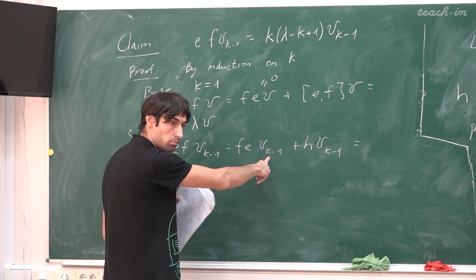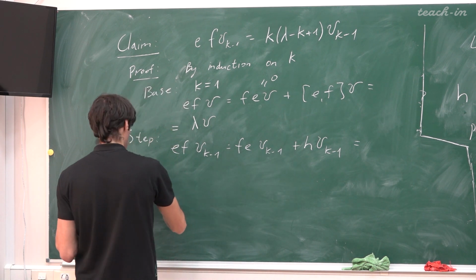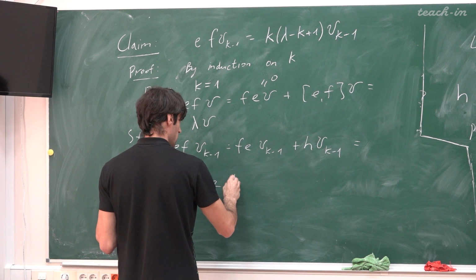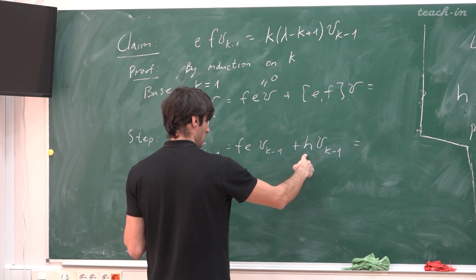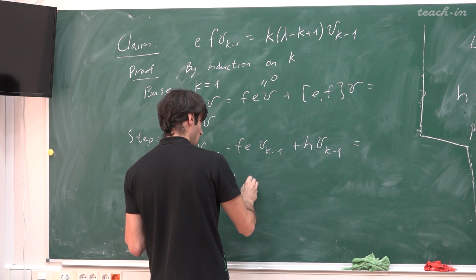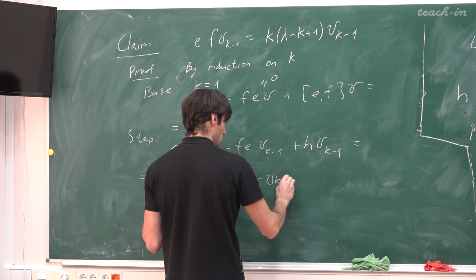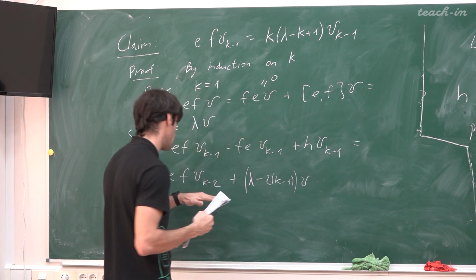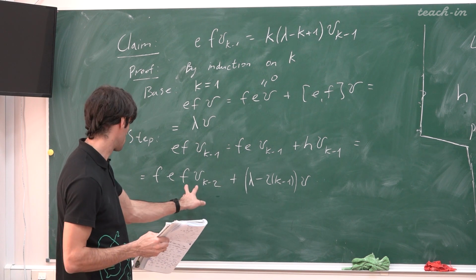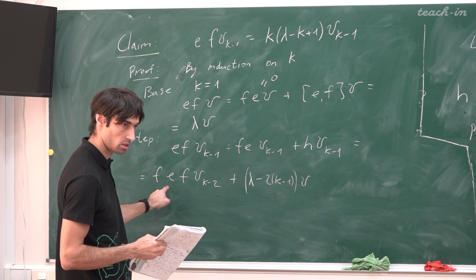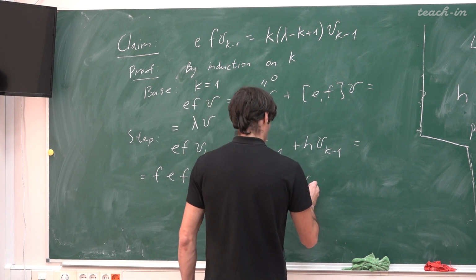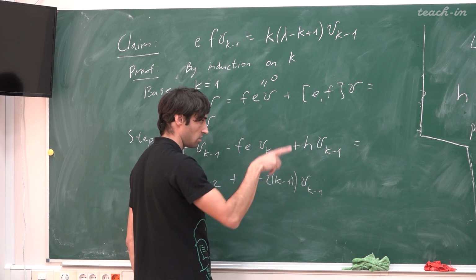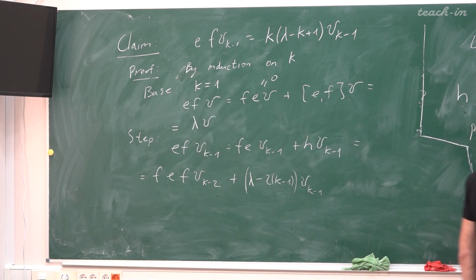It was F applied to Vk minus 2. So it's F E F Vk minus 2 plus, and this is an eigenvector for H with eigenvalue lambda minus 2k minus 1. No induction assumption yet. So this one will use it. And here it's Vk minus 1. So far I'm just using how H acts on all these Vk.